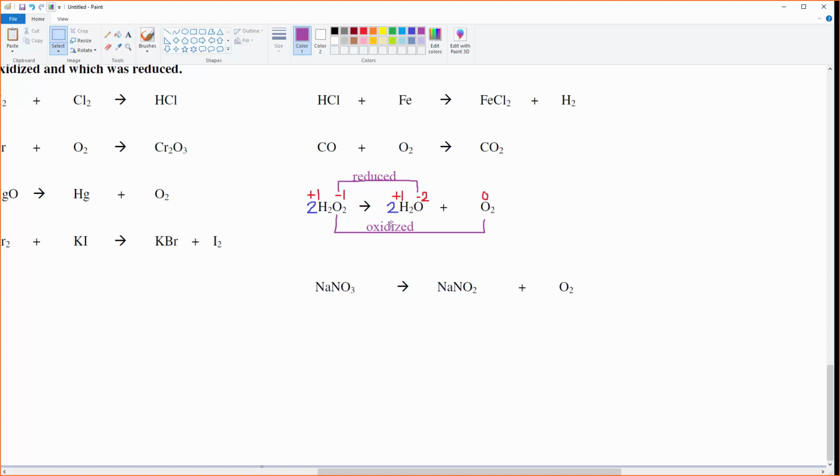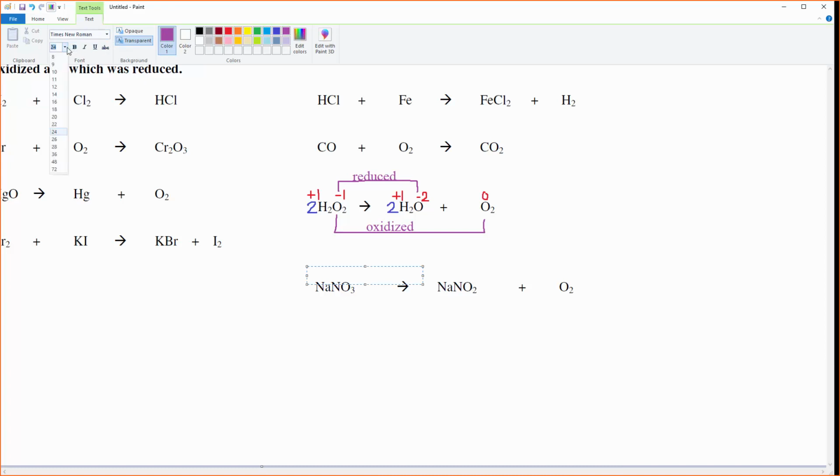All right, if you guys feel good about that, then let's try this one. This looks like fun. We'll start with the sodium. Give me oxidation numbers.